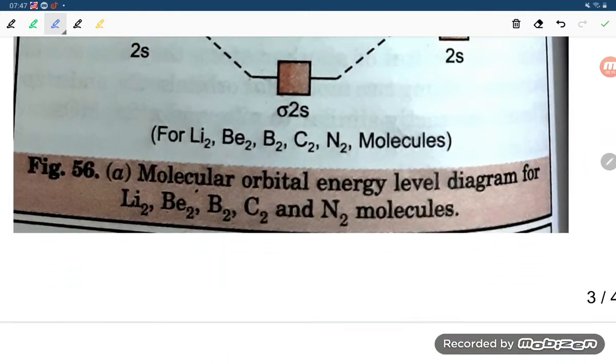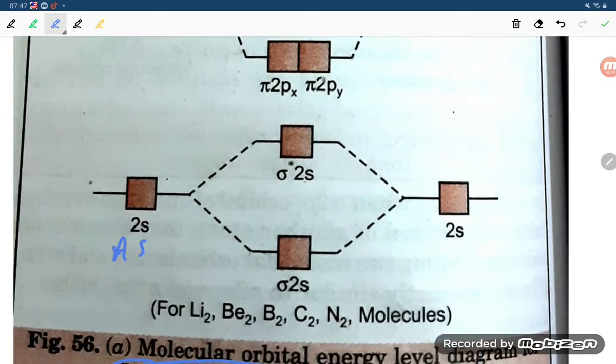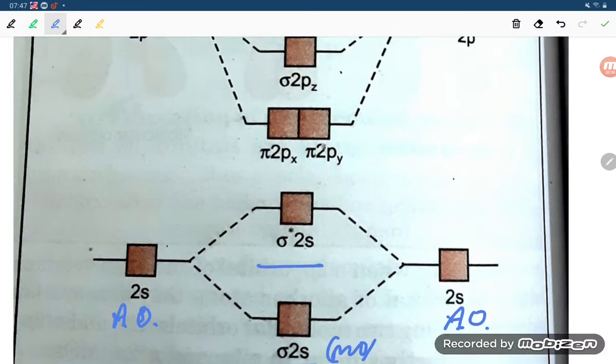So let us see the molecular orbital energy level diagram for Li2, B2, C2 and N2. These are the atomic orbitals, AO, and this is also AO. They are combining and forming molecular orbitals. So 2s combines to give sigma 2s and sigma star 2s.